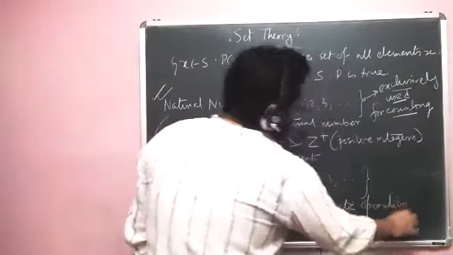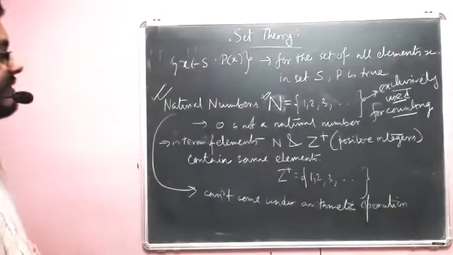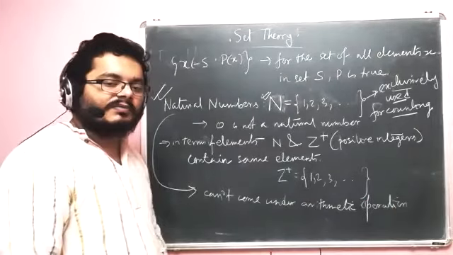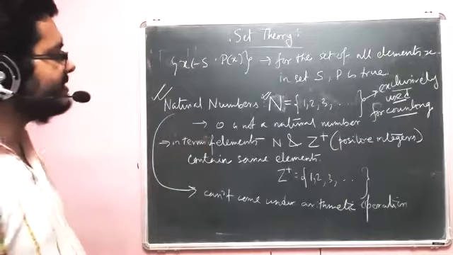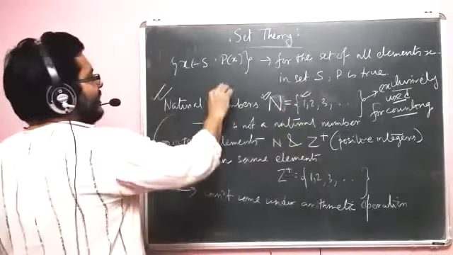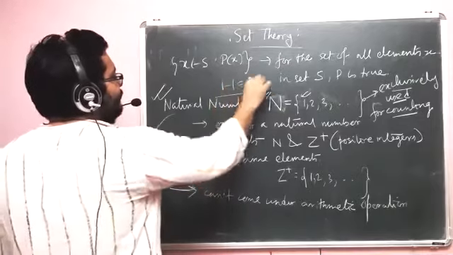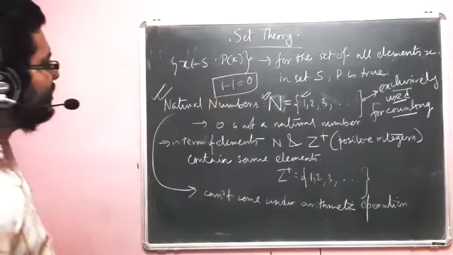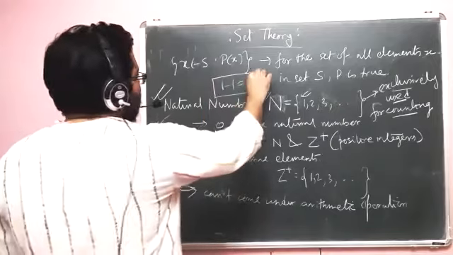And why is that? Because it will cause certain problems. For example, if subtraction is allowed here, then 1 minus 1 is 0. And that doesn't mean anything because 0 is not a natural number.